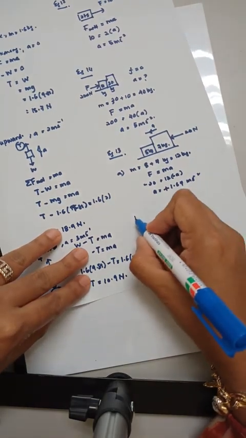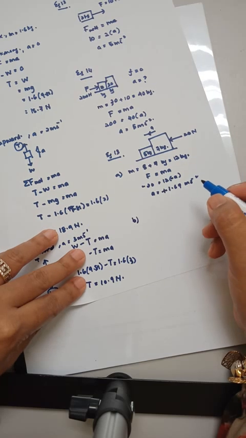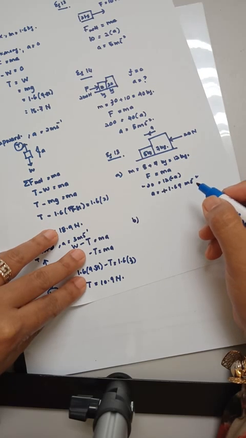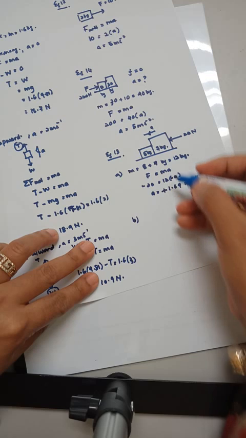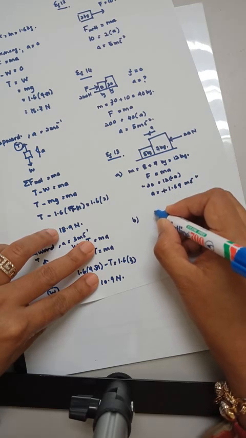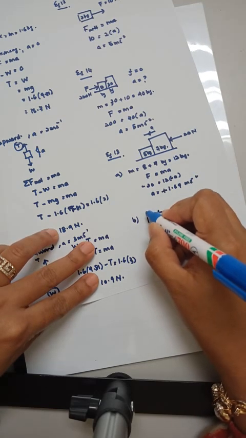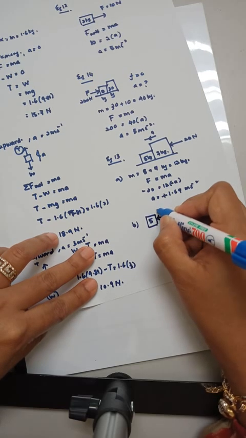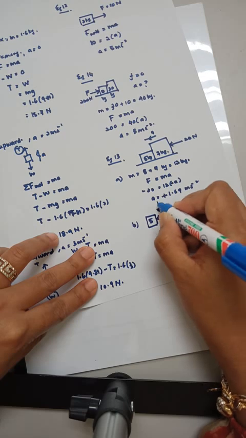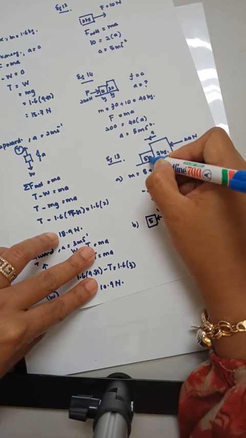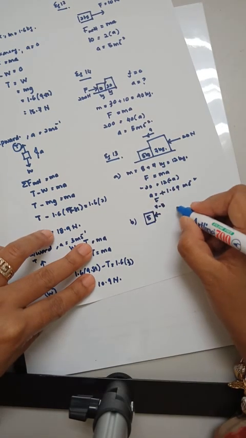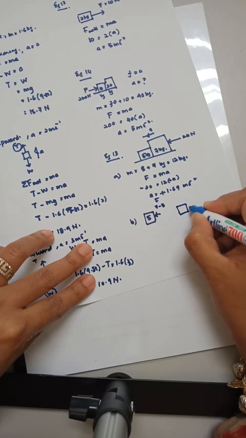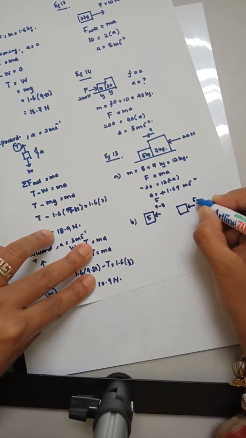Okay, okay. B, determine the magnitude of the contact force between these two blocks. Okay, antara dua blok ni dia akan ada satu contact terhadap yang daripada 7 kg ke 5 kg. Ni contact daripada 7 ke 5 kg. Force daripada blok ni ke blok 5 kg. Satu lagi force dia ada daripada force yang asal.